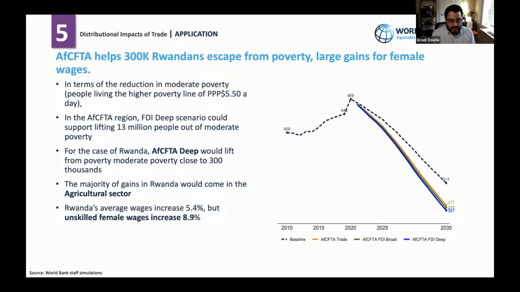One of the things that is very important for us is to try to assess what are the distributional consequences in terms of the geographic areas.